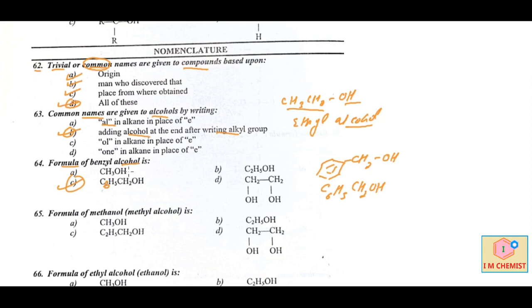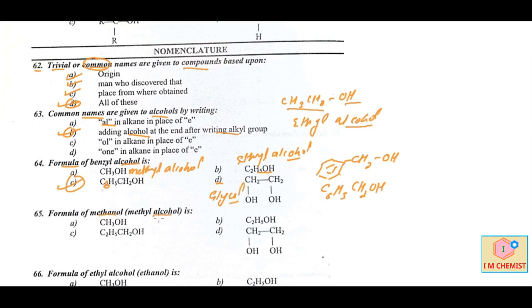The first one is for methyl alcohol. The second one is ethyl alcohol, because as you can see that ethyl group is attached, so ethyl alcohol. And this one, as we have already discussed, is glycol.